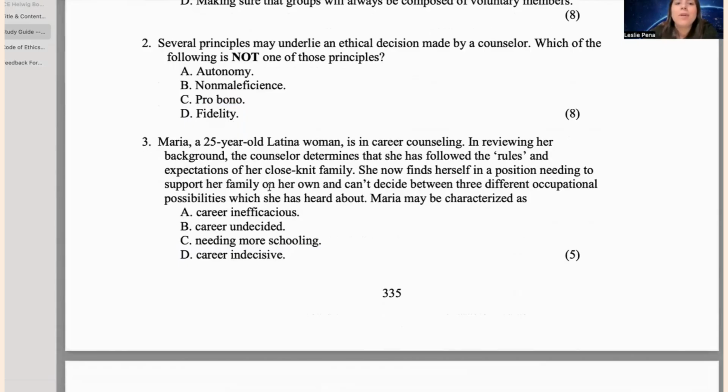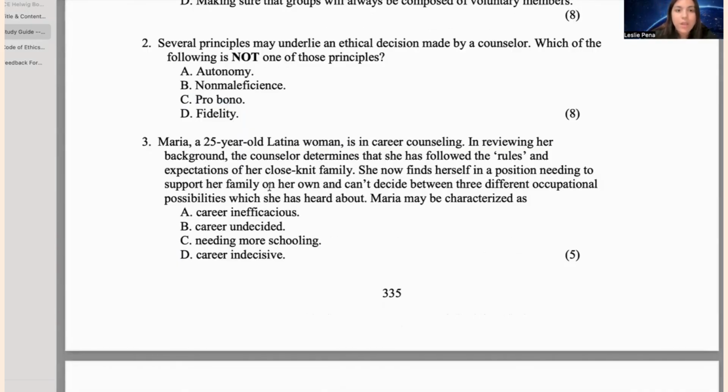Next. Maria is a 25-year-old Latina woman. She is in career counseling. In reviewing her background, the counselor determines that she has followed the rules and expectations of her close-knit family. She now finds herself in a position of needing to support her family on her own and can't decide between 3 different occupational possibilities, which she has heard about. Maria may be characterized as what?